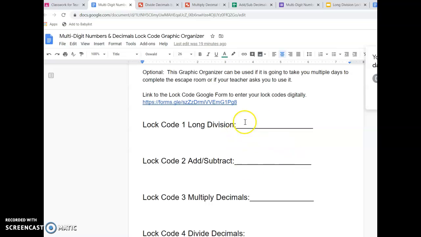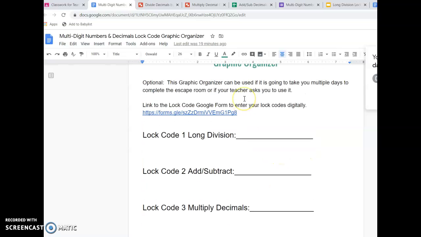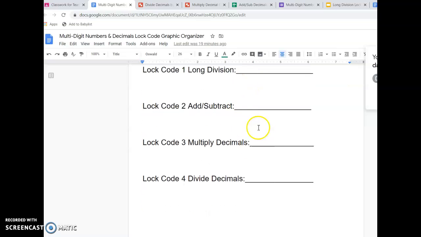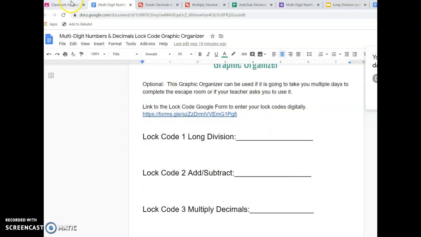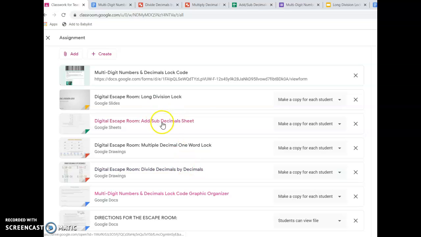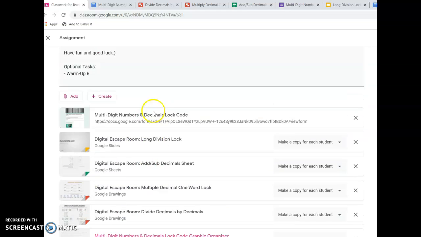So this is a spot where you can save your codes. So when you're done with all 4, you can put them into submit. I will be able to see your work on here because I have each of you making your own copy. So once you finish, you submit it, and I can come take a peek at your work.